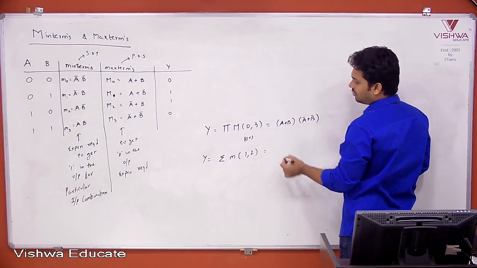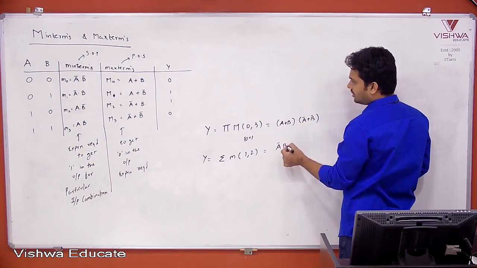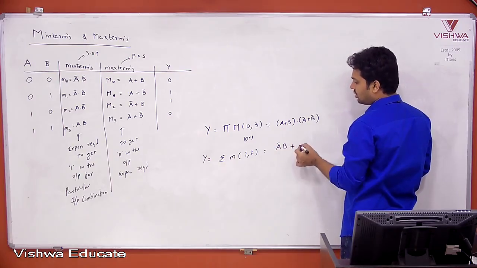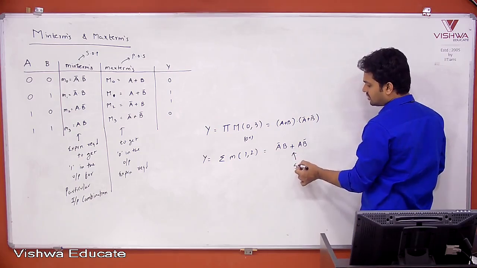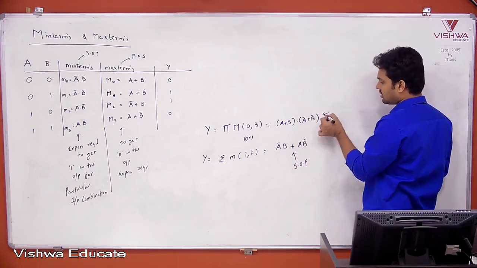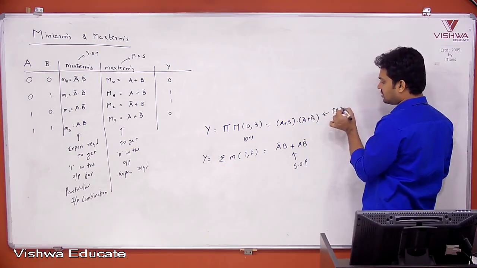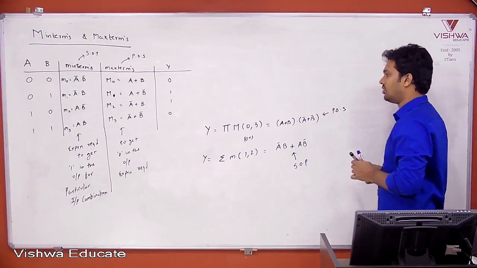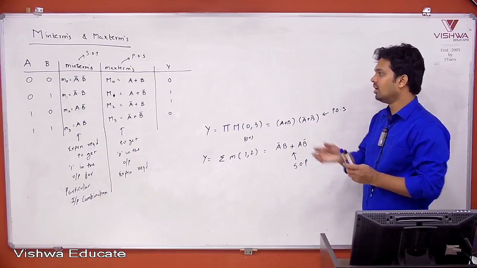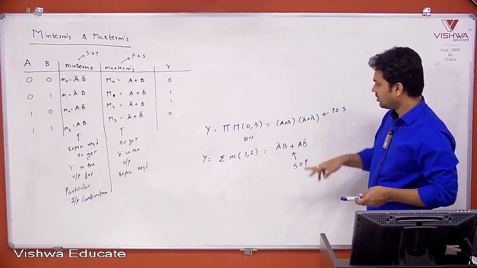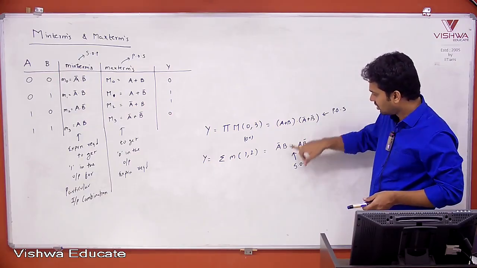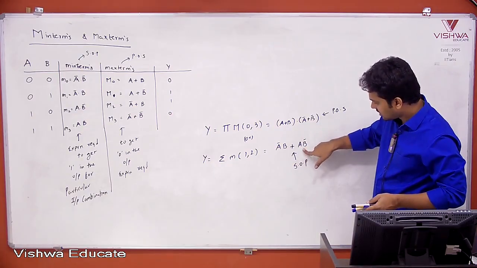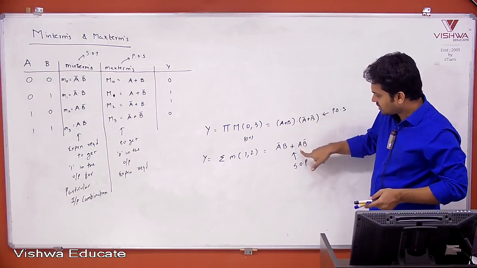That is, minterm 1 is A bar B, or A B bar. This is the expression in SOP and this is the expression in POS for this particular function. Or you can check, this function is nothing but the exclusive OR gate. We got the same. If you expand this, you get the same again.